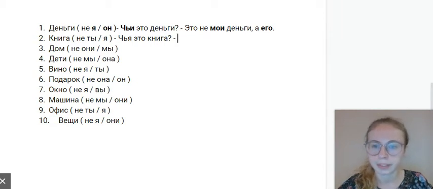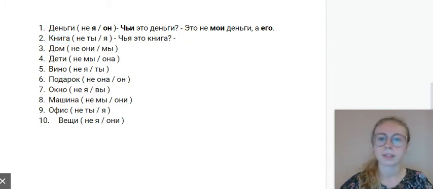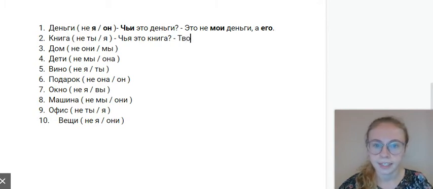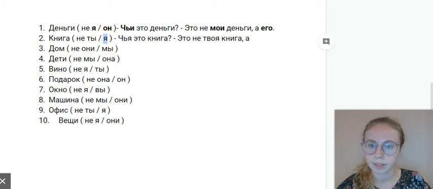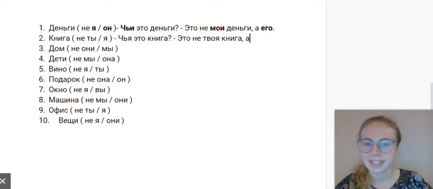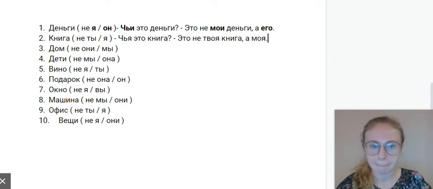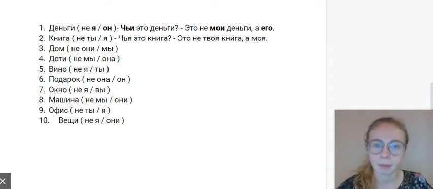And we remember that книга is она, feminine noun. So, твой needs to be in a feminine form. Твоя. So, we need to say это не твоя книга, а я in a possessive pronoun form of feminine noun. Hope it makes sense. А моя. Это не твоя книга, а моя.